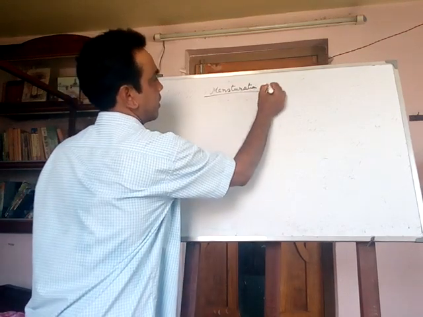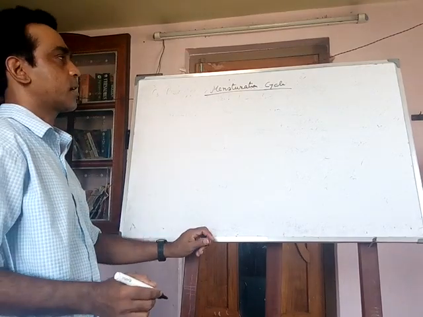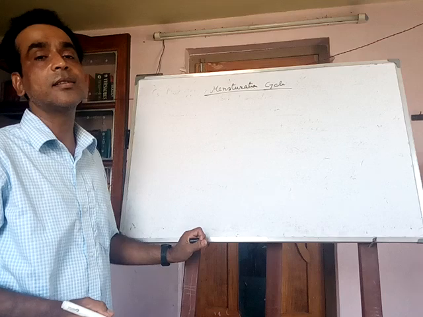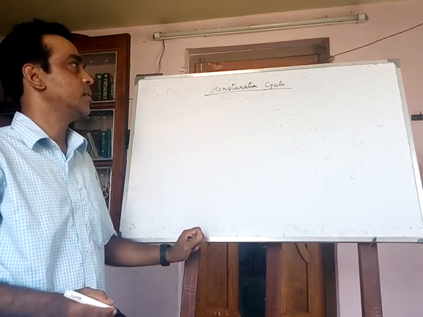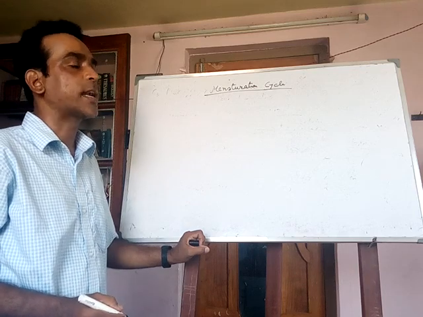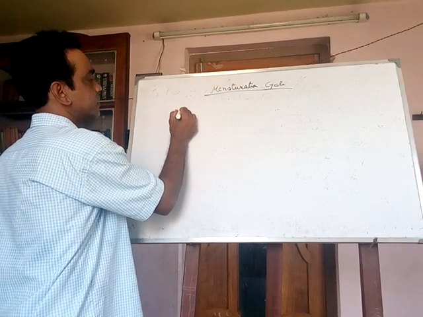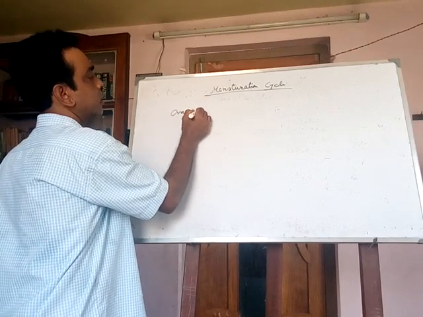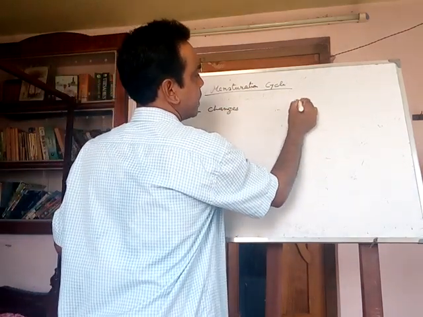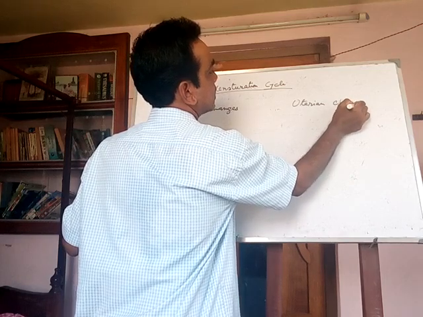Menstruation cycle: it is the cyclic changes of the ovary and uterus from one menstruation period to another. That is the ovarian changes and uterine changes.